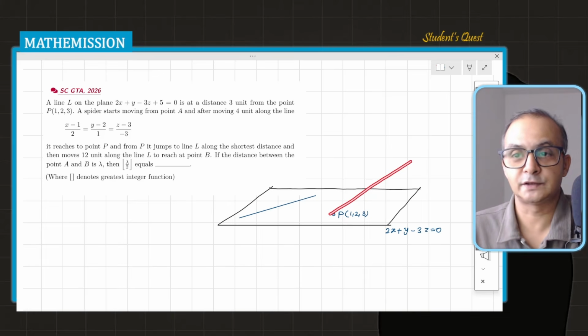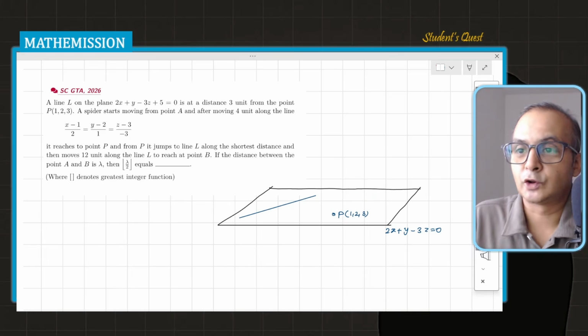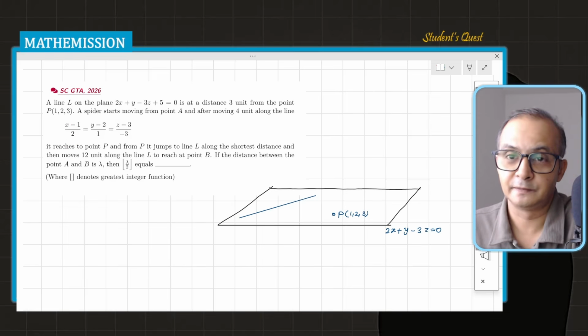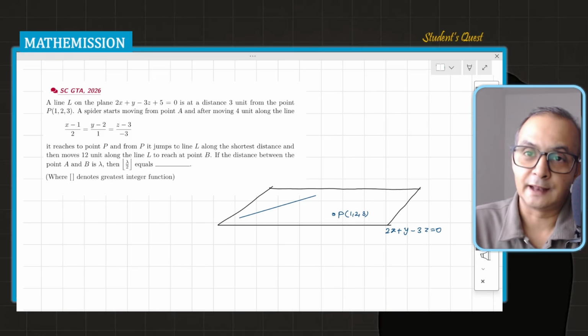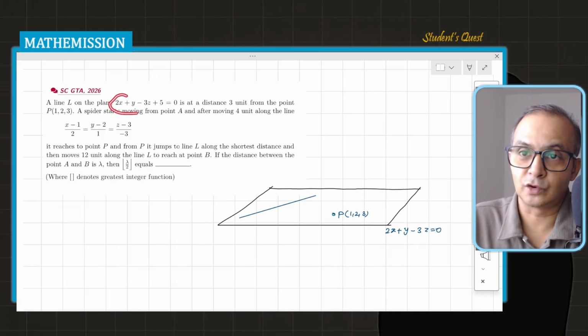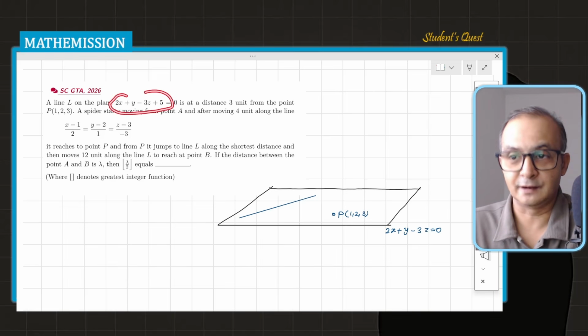So notice a very interesting fact. What is the normal vector of this plane? The normal components are 2, 1, minus 3. And here they have deliberately given 2, 1, minus 3 as the direction vector of the line. It means the line and the normal vector of the plane are parallel.